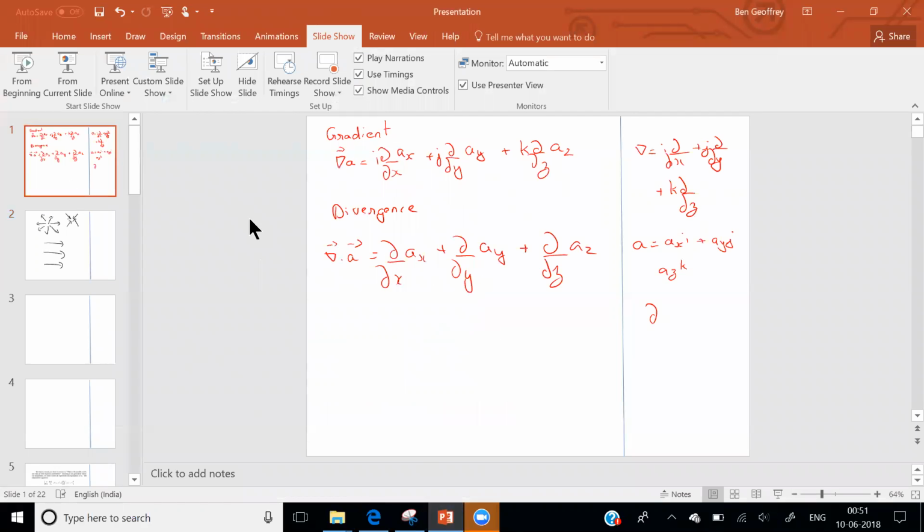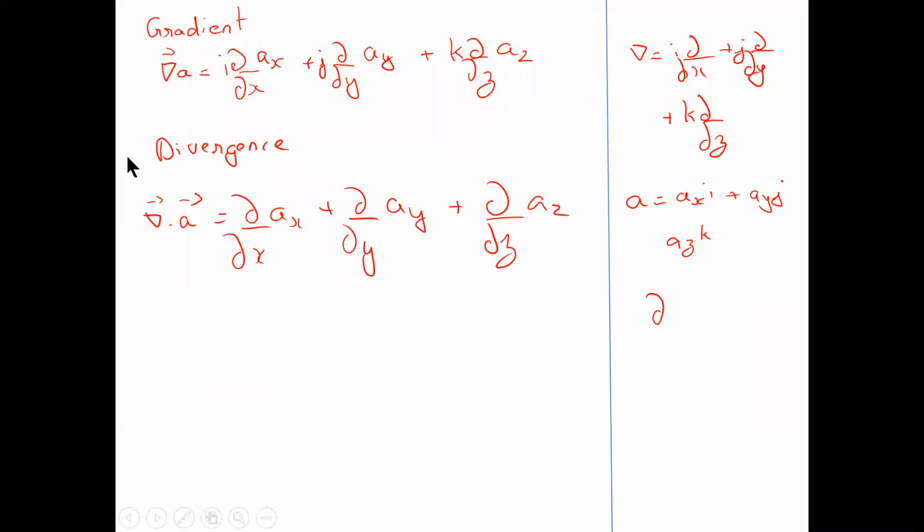The next quantity we'll talk about is the curl.